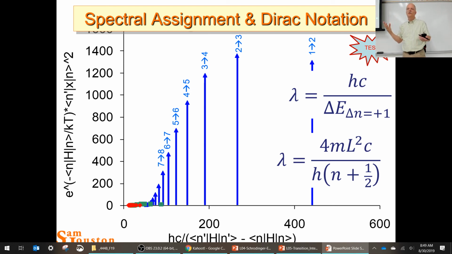What is then interesting about that? Well, let's say I've got a spectrum of an electron, and it shows up at 420 nanometers, that fundamental transition. You know Planck's constant, you know the speed of light, you know the mass of the electron. Now you know what the confinement space is for that electron. You can solve for L. Just from the wavelength of that fundamental transition.